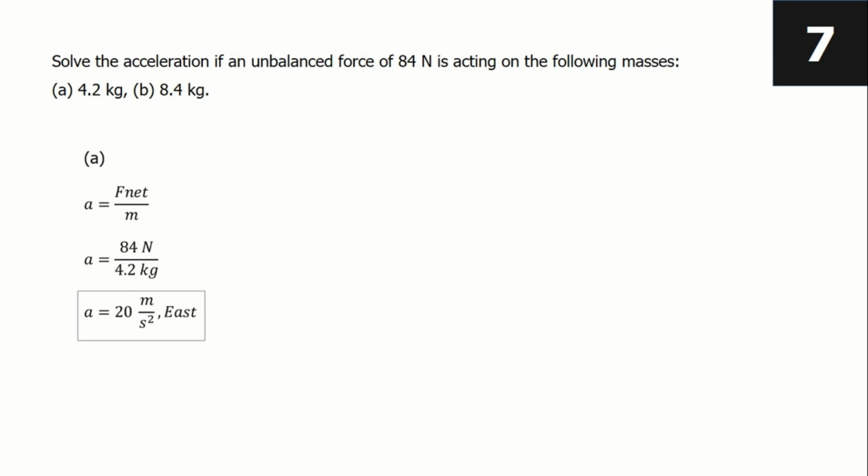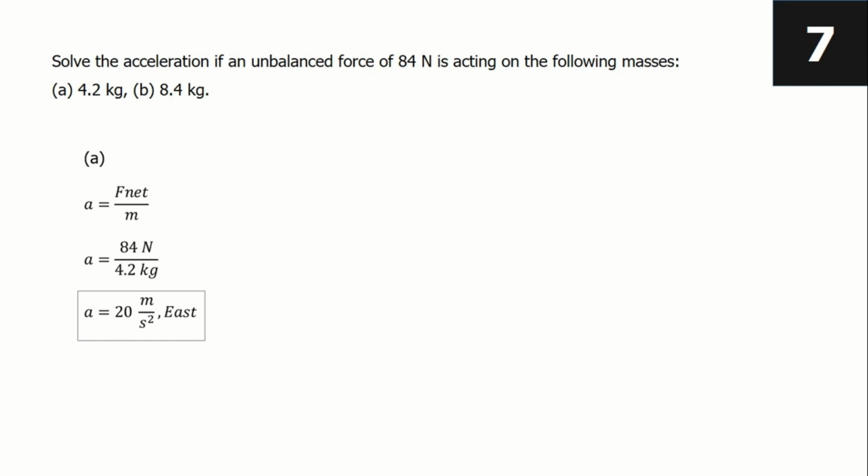Modifying the equation, when you're given the net force and mass, acceleration will be the quotient of the net force divided by the mass. So for the first case, 84 newtons will be divided by 4.2 kilogram.